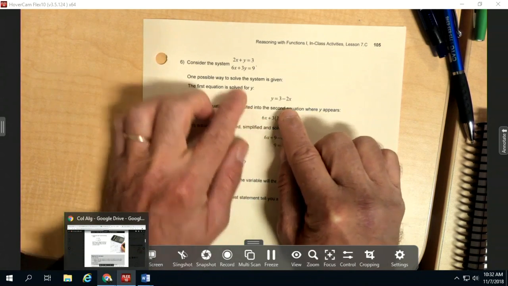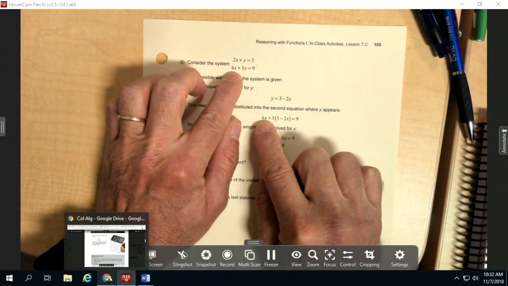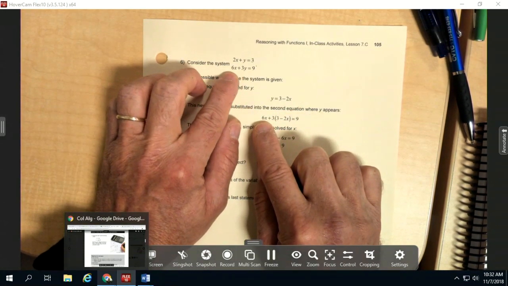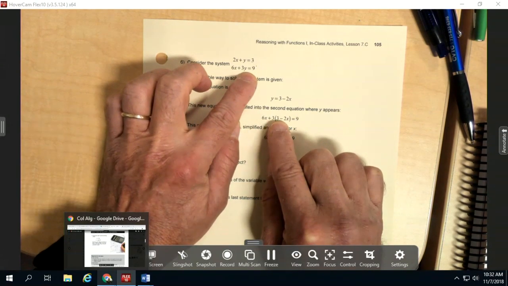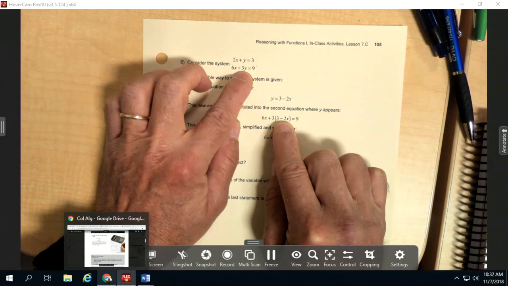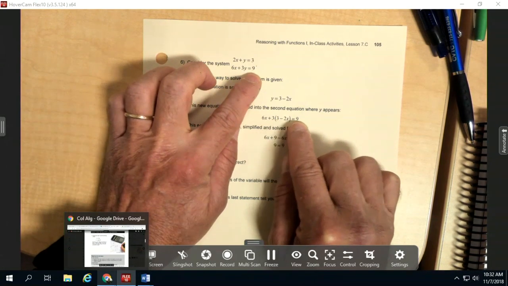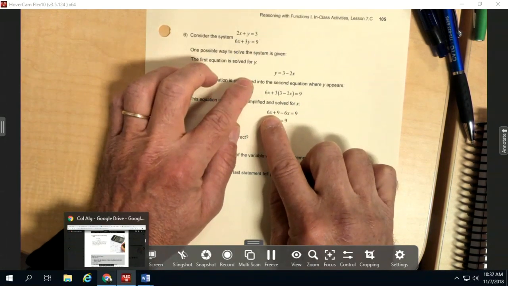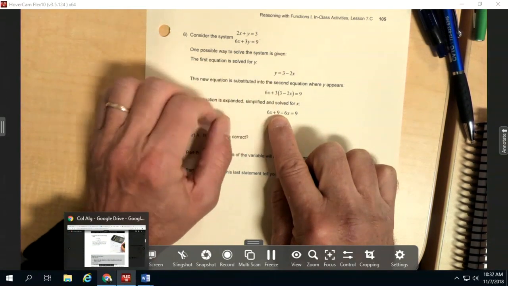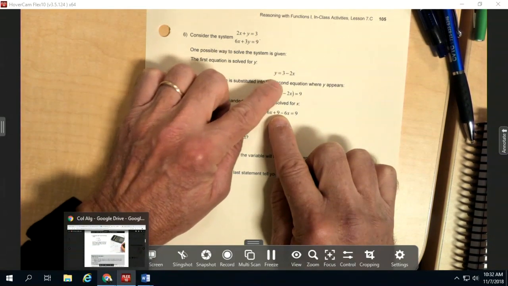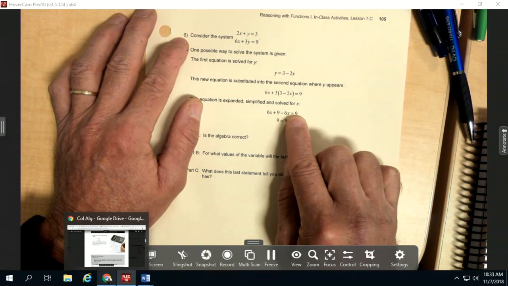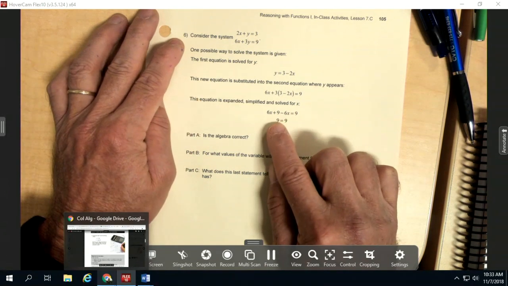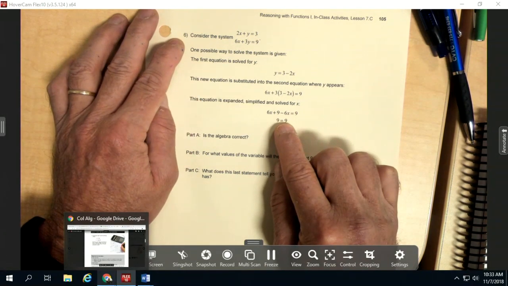Then they said, well, since y is that, why don't we substitute that into the second equation? 6x plus 3 times 3 minus 3 times 2x is 9. Or in other words, 6x plus 3 times 3 is 9. 3 times negative 2x is negative 6x is 9. 9 equals 9.